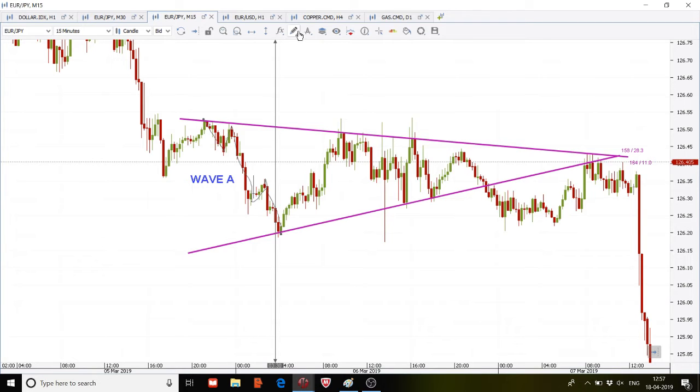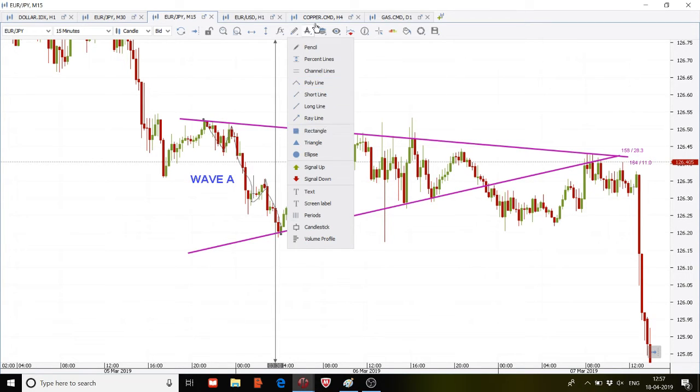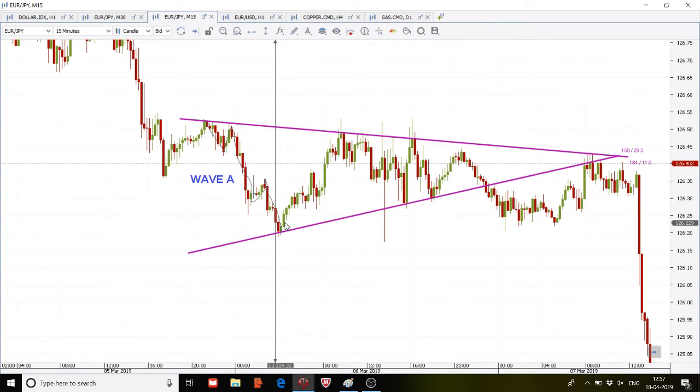And then again wave B, you have got the internal waves in it, 1 and 2.